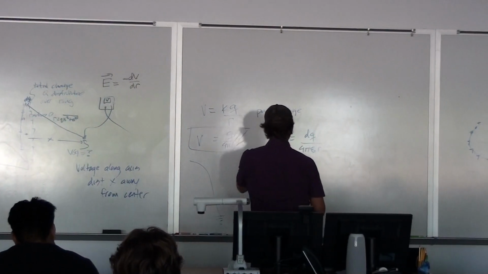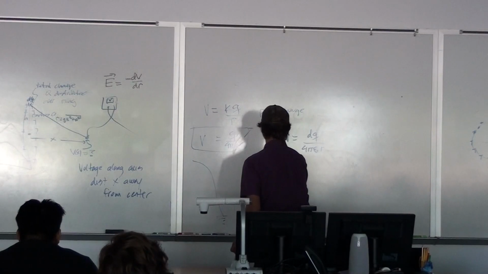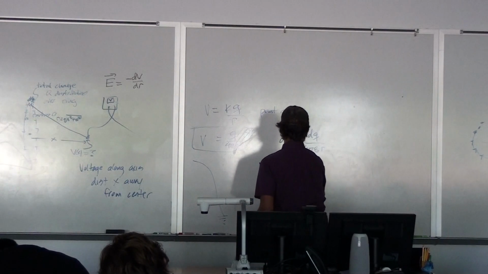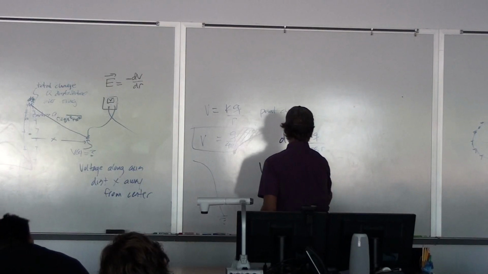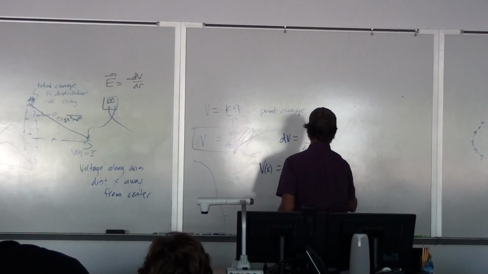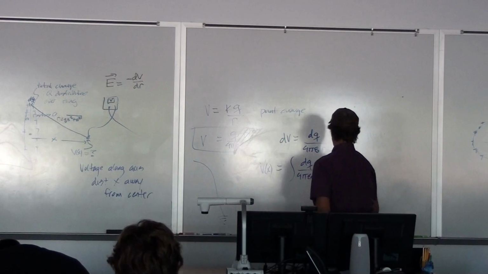And so what we can do instead is just say that V as a function of x is just equal to the integral of dq divided by 4 pi epsilon naught square root of x squared plus a squared.